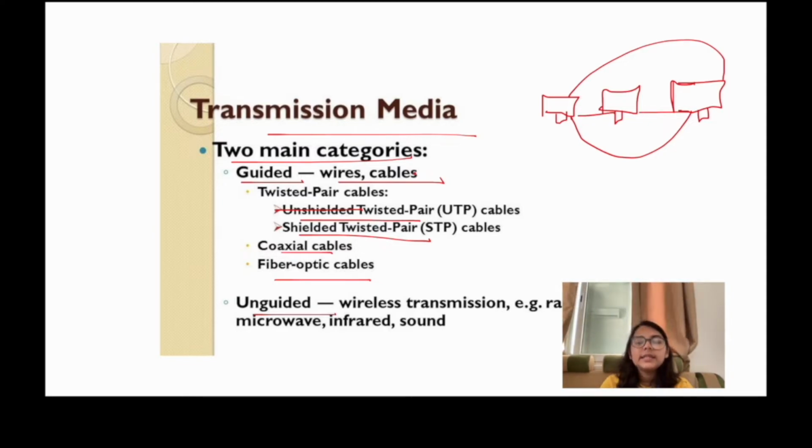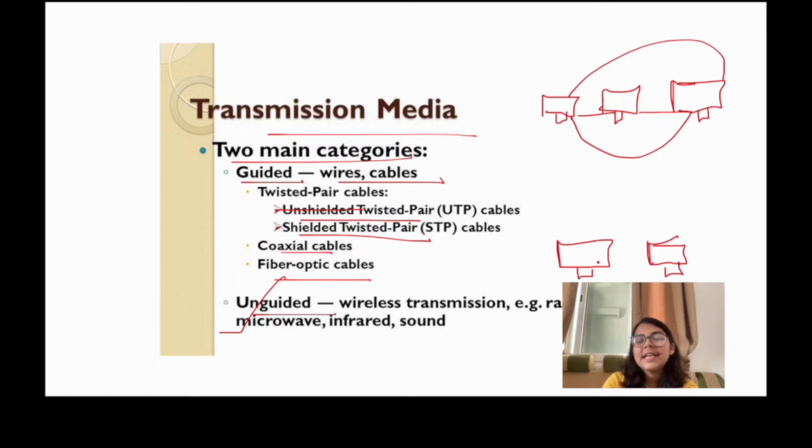Then the next thing is unguided transmission media. What is unguided transmission, students? Here you can see I am giving an example to you. Do you think these computers are interconnected to each other?